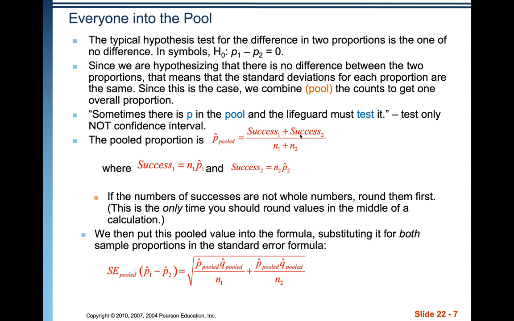If the numbers of successes are not whole numbers, round them first. This is the only time you should round values in the middle of the calculation. We then put this pooled value into the formula, substituting it for both sample proportions in the same standard error formula, as you can see below.